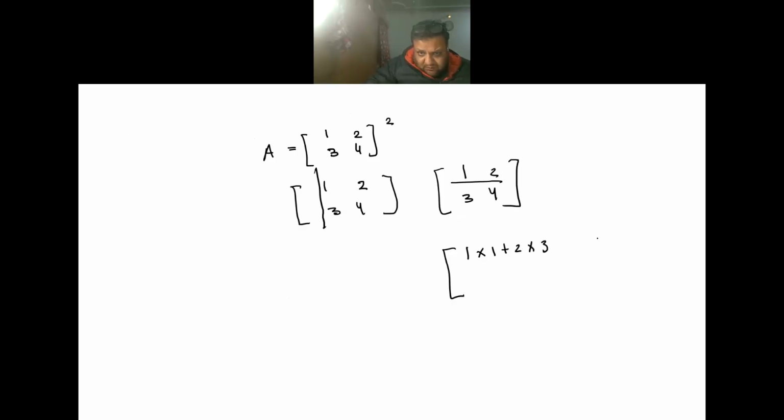Then first row and second column: 1 into 2 plus 2 into 4. This is the value you are getting for A square. Same way for the second row: 2 into 1 plus 4 into 3, and 2 into 2 plus 4 into 4.